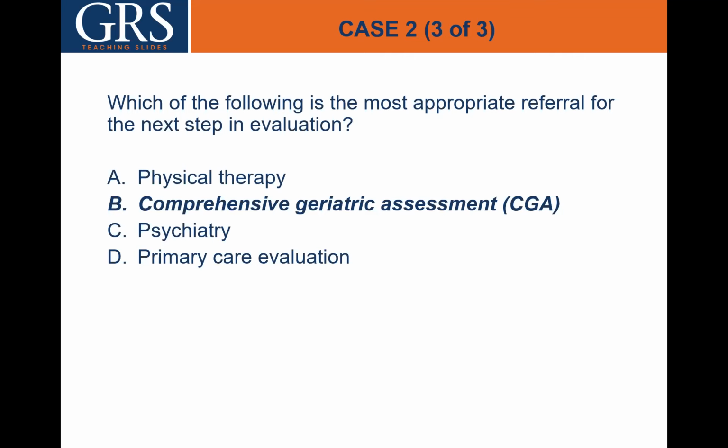So you can see that the comprehensive geriatric assessment contains the other three answer options, and it can give the patient a more comprehensive evaluation and treatment plan. That's why option B is the best one.